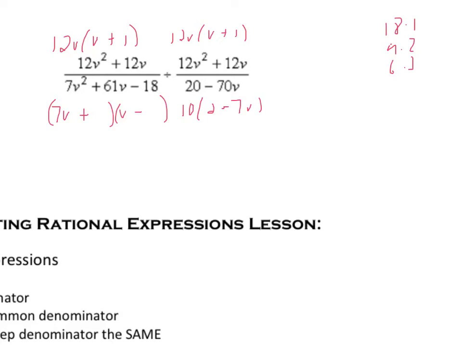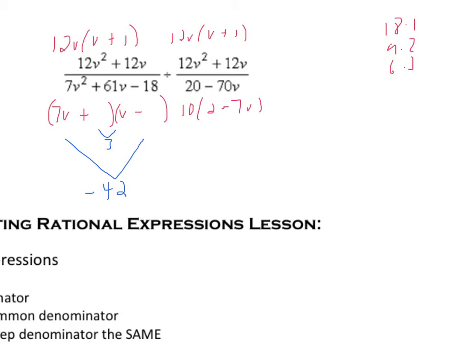So if I go 6 and 3, or 3 and 6, and I try this out, we have negative 42 and 3. That does not give us 61, so we try something else.